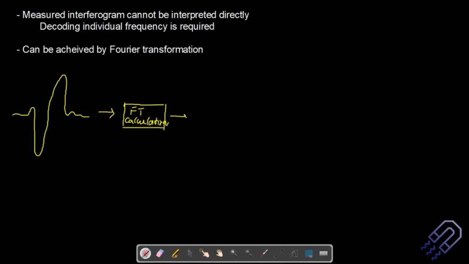Once you get the Fourier transform calculation, you will finally have a graph between, let's say, transmittance. It's not only transmittance, you can get it for absorbance also. And on this side, you'll have 1 divided by lambda, which is mu bar, the wave number.